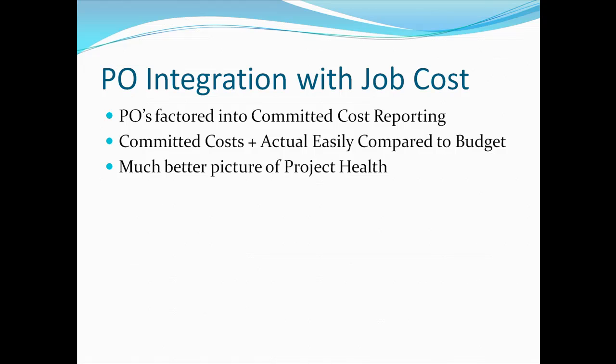We can also see what's remaining on subcontracts for you general contractors. And we can also see payroll in process that hasn't been costed yet. Committed costs plus actuals can easily be compared to the budget. Gives you a much better picture of what's going on.